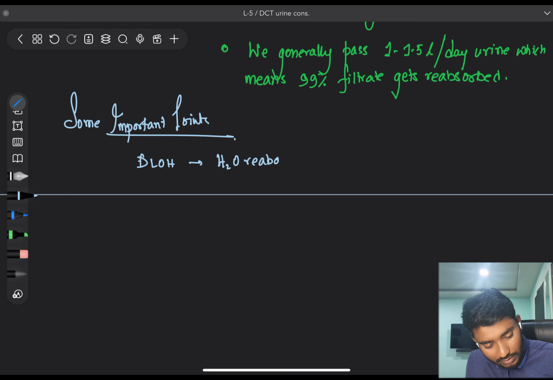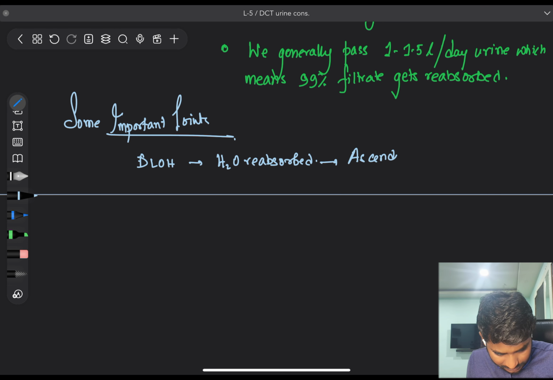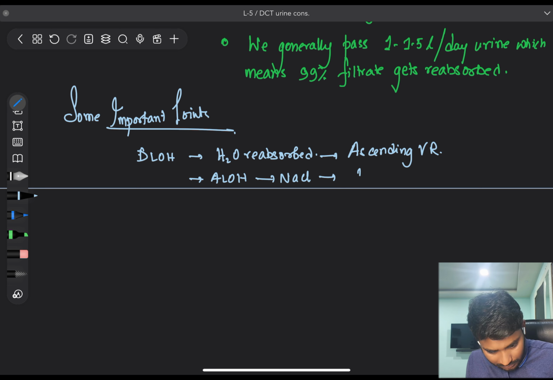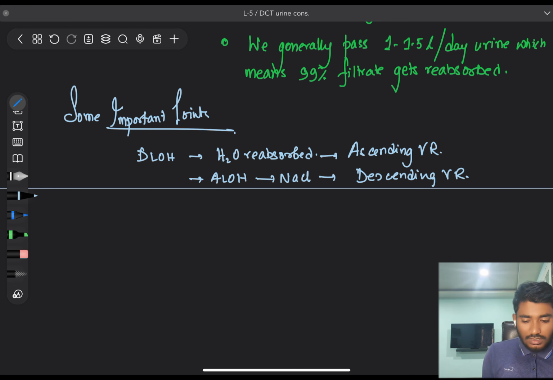In the ascending loop of Henle, NaCl is reabsorbed. Okay.